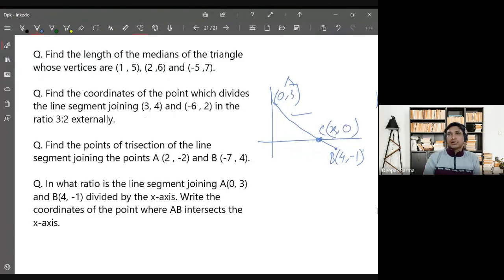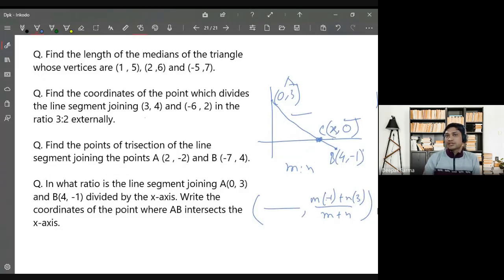Got it? Suppose the question is you have to find the ratio m:n. Now, you know the y coordinate of this point. So if you apply the formula, which has two parts, forget about the first part. In the second part, it is m into y2, y2 is -1, plus n into y1, which is 3, by m plus n.